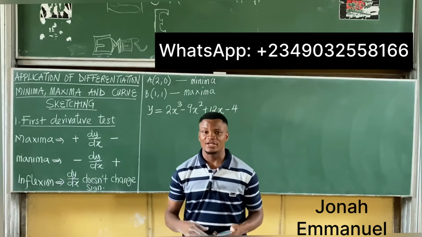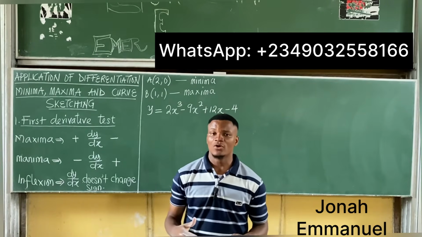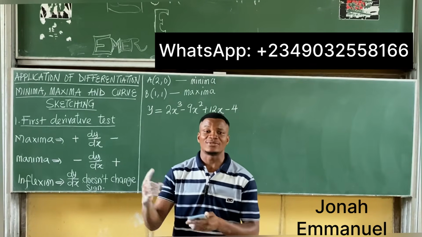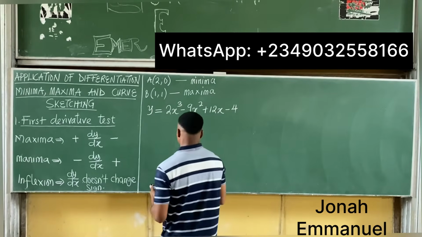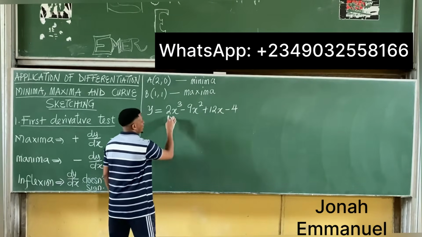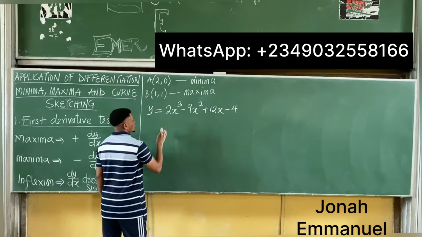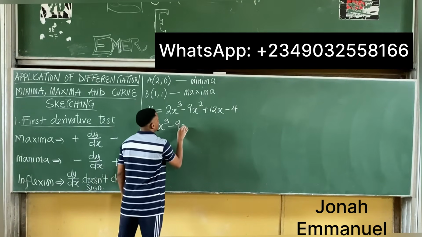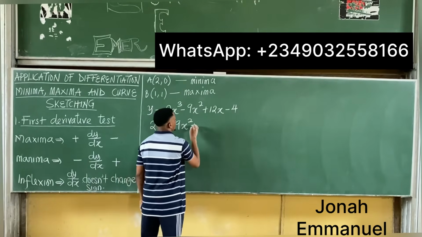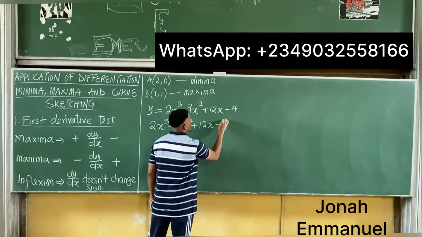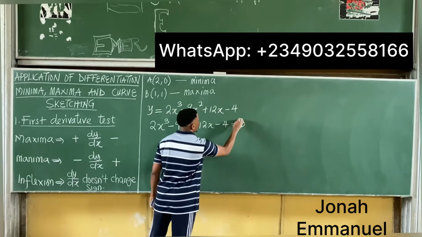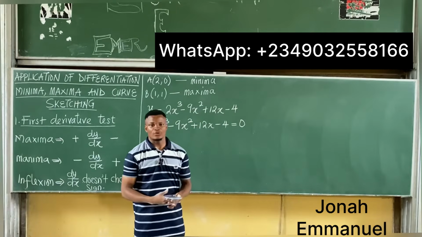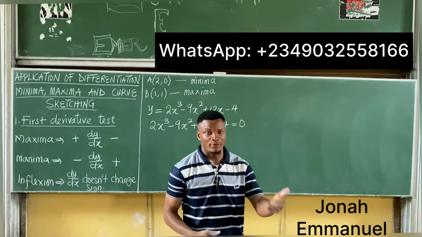For us to find the root of any equation, we would equate it to 0. So to get the root of this equation, I will equate it to 0. So 2x cubed minus 9x squared plus 12x minus 4 is equal to 0. Please do not confuse getting root and turning point.